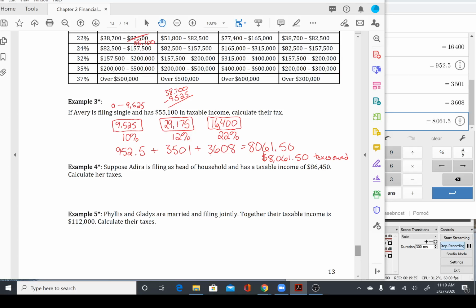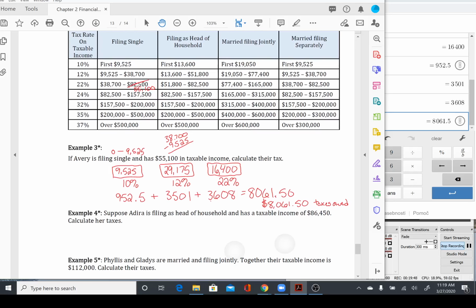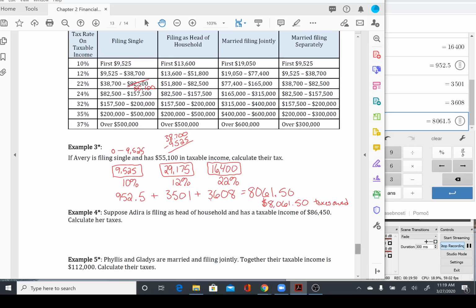I want you to try this process for Adria and Phyllis and Gladys. Adria is filing head of household, so you'll be needing to use the second column to figure out her taxes, and Adria is making $86,000, so Adria is going to be falling into the 24% tax bracket.